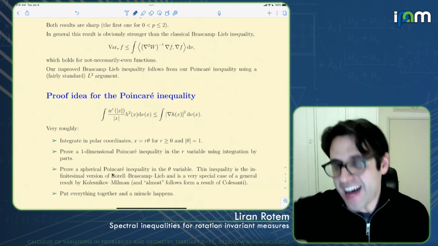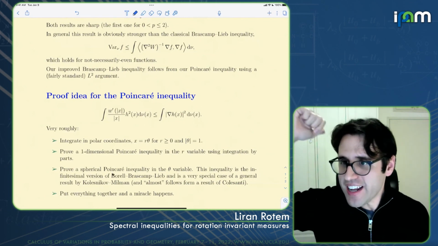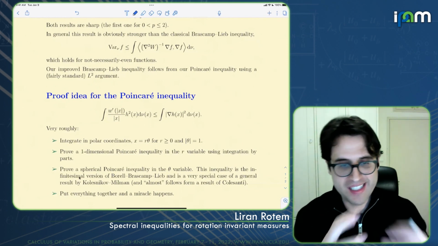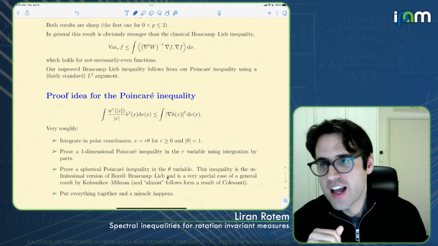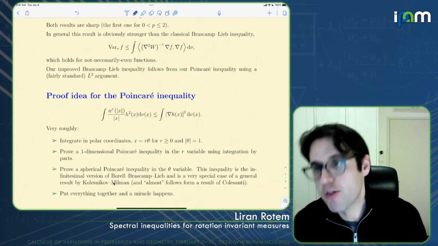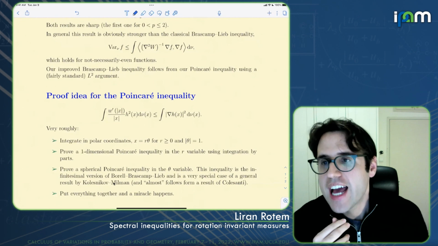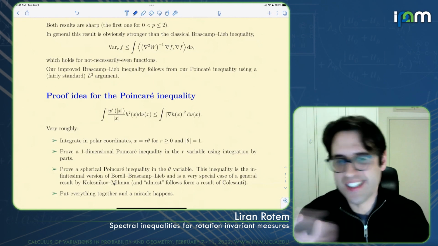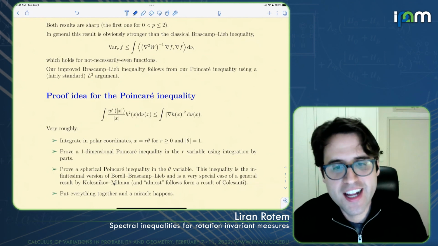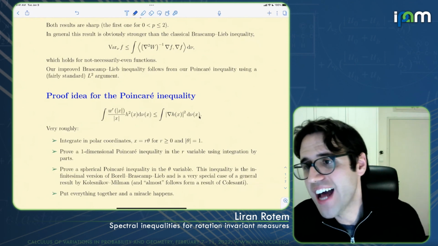So we started with this inequality at the beginning, this Brunn-Minkowski type thing. You differentiate this, you get some inequality on the sphere that you can deduce from a work of Kolesnikov and Milman, the one I talked about a moment ago. And then you somehow combine all these ingredients, and some magic happens, and you are able to prove this result.